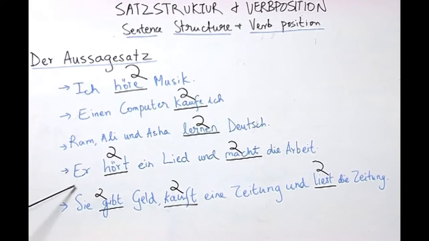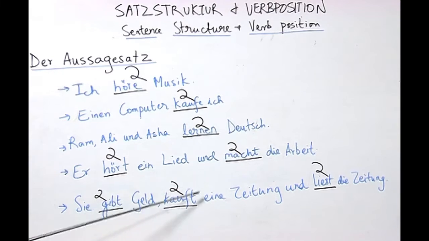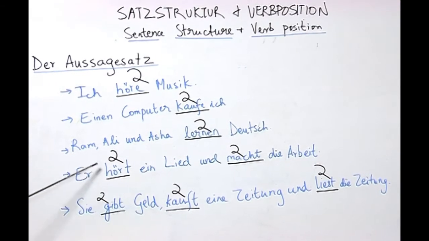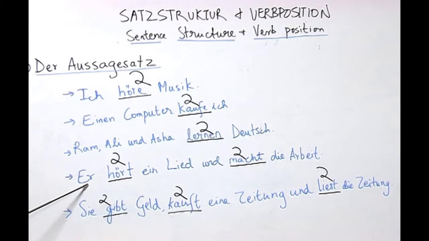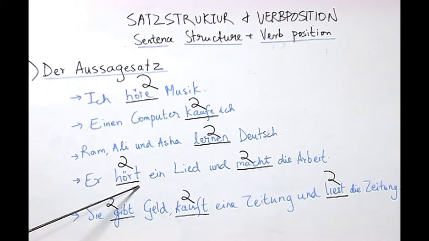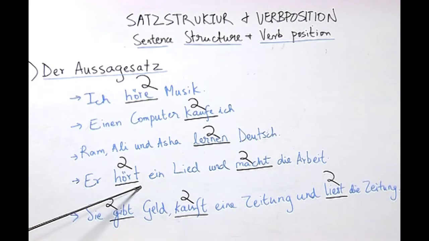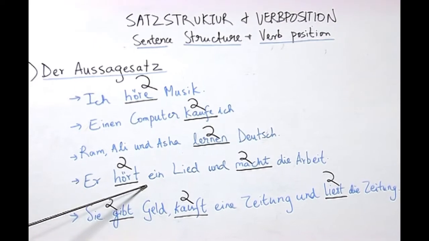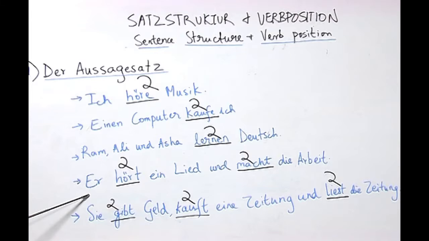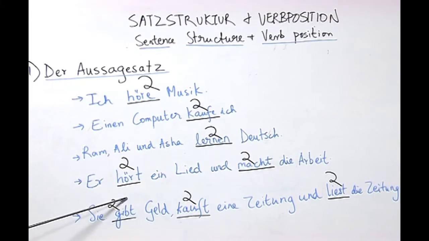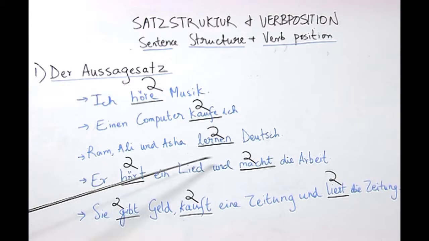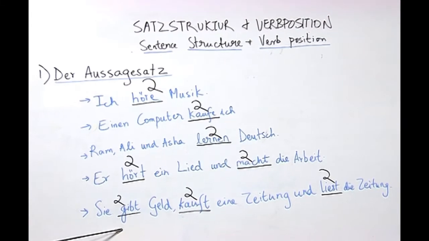For all the long sentences which are written here, there is always an option of changing the position of the other words in the sentence except the position of the verb which remains at the second position. So, please remember while learning German that in a German sentence the position of the verb is always second, as you can see from these different examples.